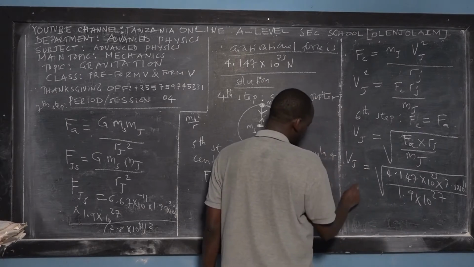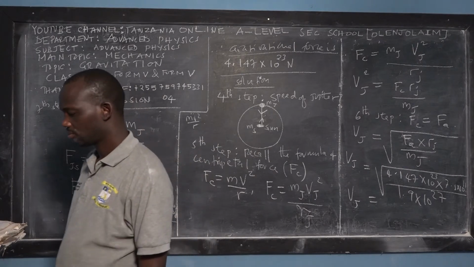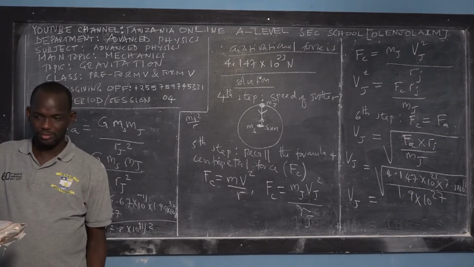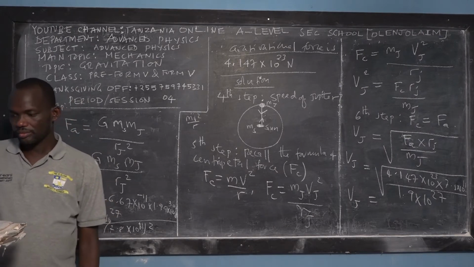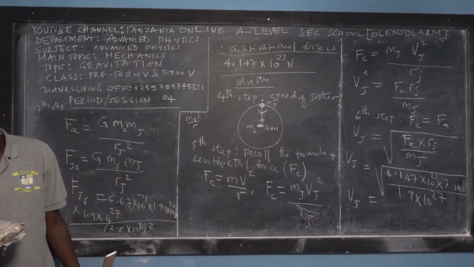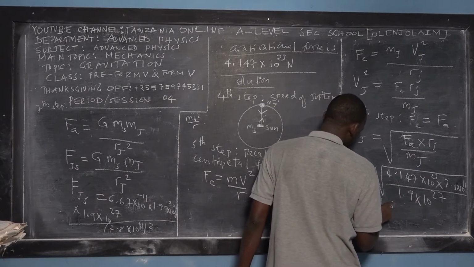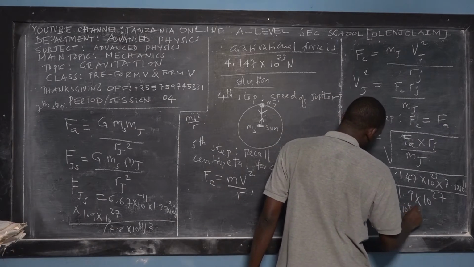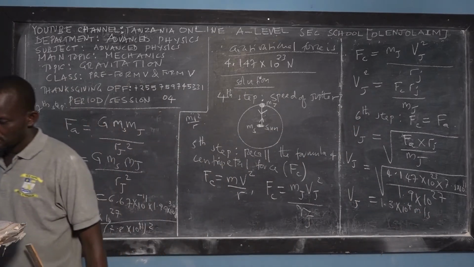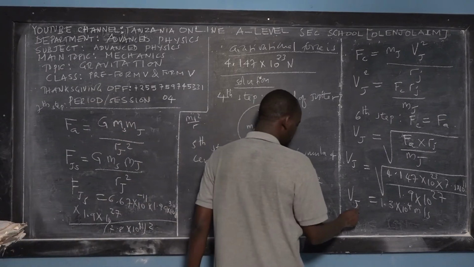So find the velocity of Jupiter. If you compute it clearly without committing an error, it is 1.3 times 10 to the power 4 meters per second.